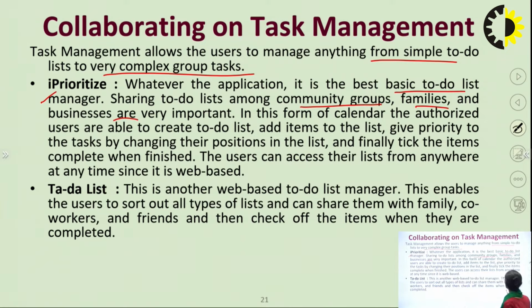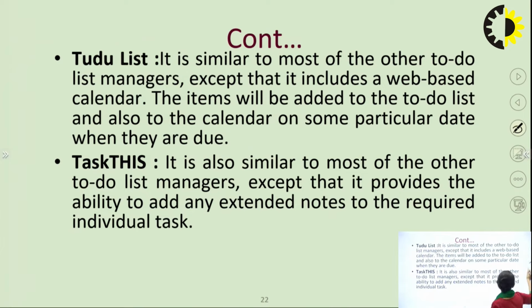In this form of calendar, the authorized users are able to create to-do lists and add items to the list, that is, that on such and such a date you have to do a particular thing, and this particular thing requires certain activities or items to manage that activity. Then you can add the items to the list.